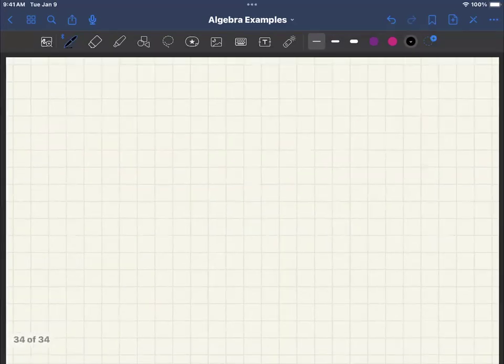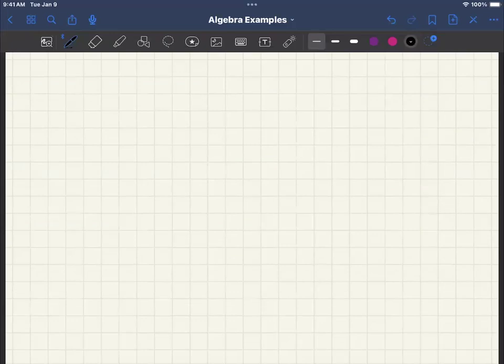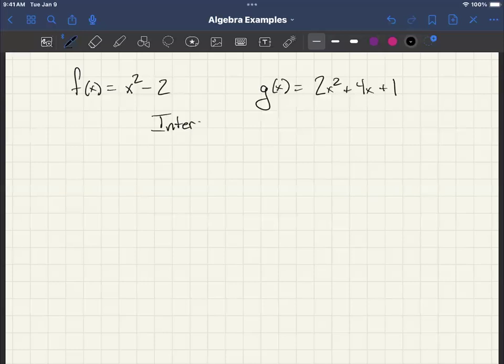We're going to go to the next page. I'm going to rewrite our functions at the top here. We have 2x squared plus 4x plus 1. We know they intersect at x is equal to negative 1 and negative 3.